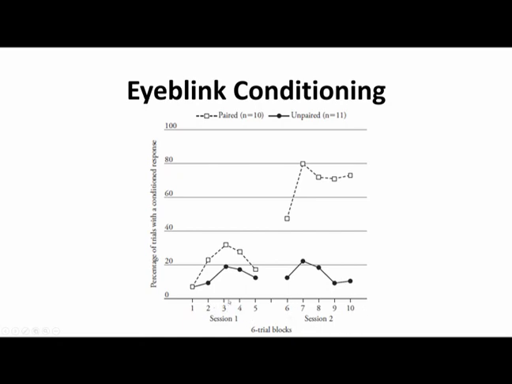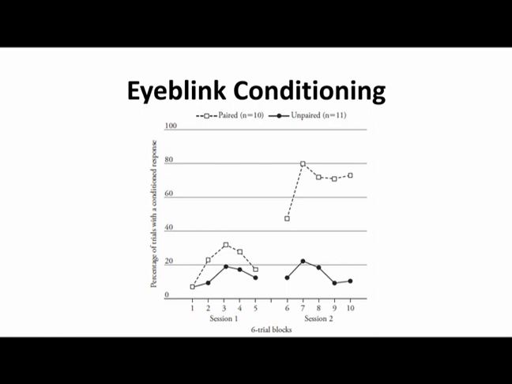Now, the cool part here is that in our first session, the 2 groups don't seem to be any different. Our open squares are the paired group or our treatment group, and the filled circles are our unpaired or our control group, and these 2 lines aren't statistically different from each other. So in the first session, there wasn't any evidence of learning here.